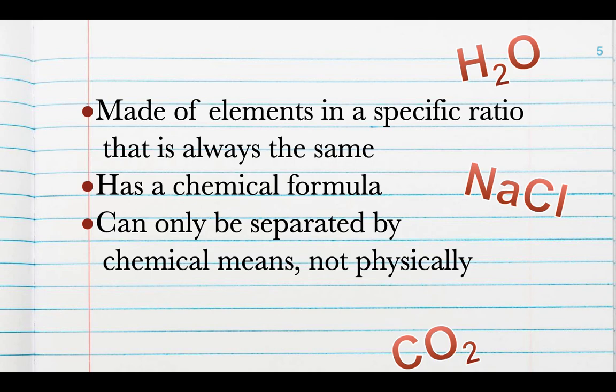NaCl is sodium chloride, just regular old table salt, and it can only be separated chemically. I cannot separate salt into sodium and chlorine physically. I have to go through a chemical reaction. I can separate water and salt with a physical process because those are considered a mixture and not a compound.